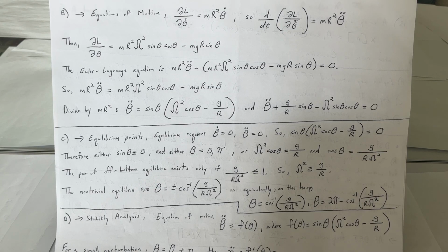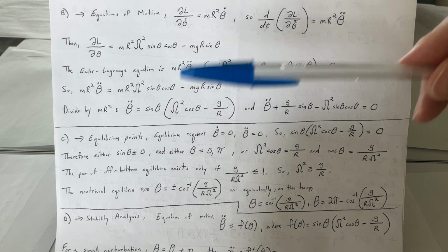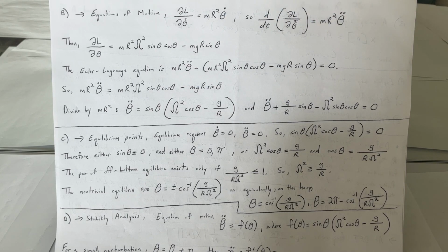minus mgr sine theta. And the Euler-Lagrange equation is mr squared theta double dot minus the quantity mr squared omega squared sine theta cosine theta minus mgr sine theta equals 0. So mr squared theta double dot equals mr squared omega squared sine theta cosine theta minus mgr sine theta.